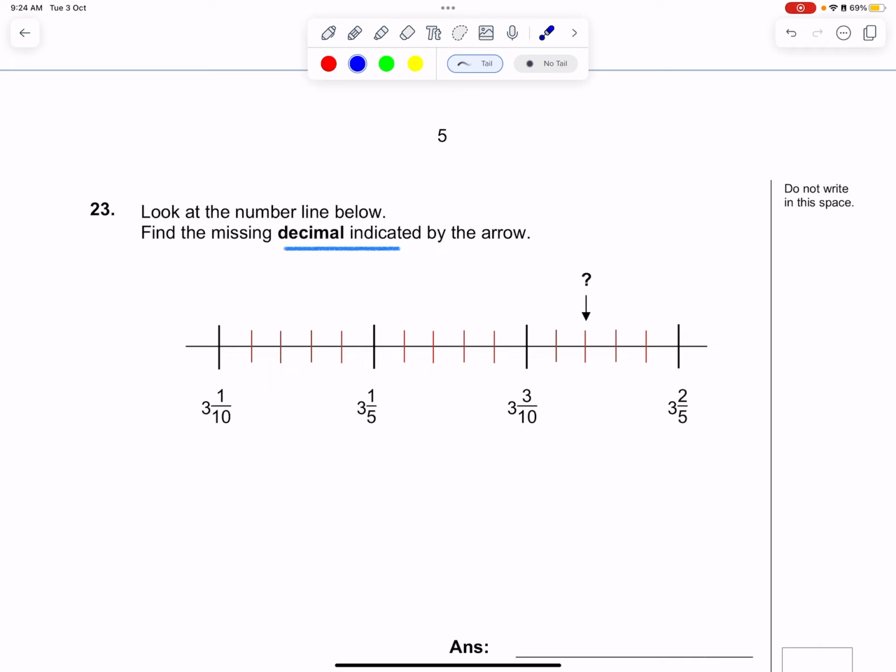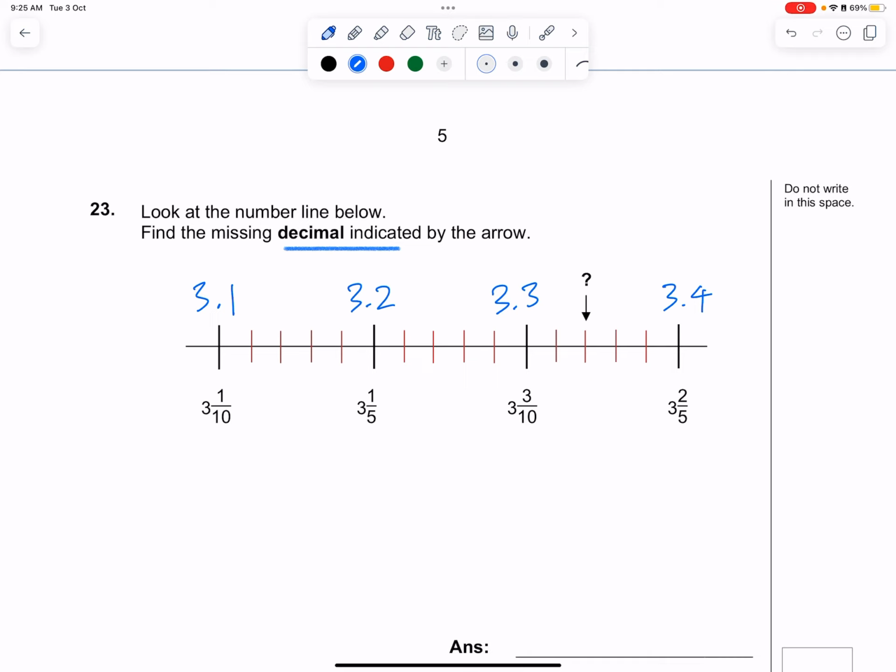The decimal points for this part are 3.1, 3.2, 3.3, and 3.4. Now, how do I know that?